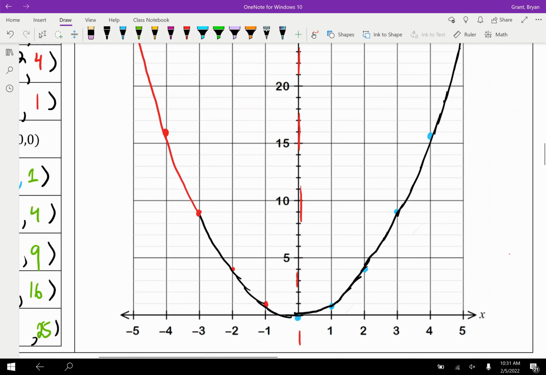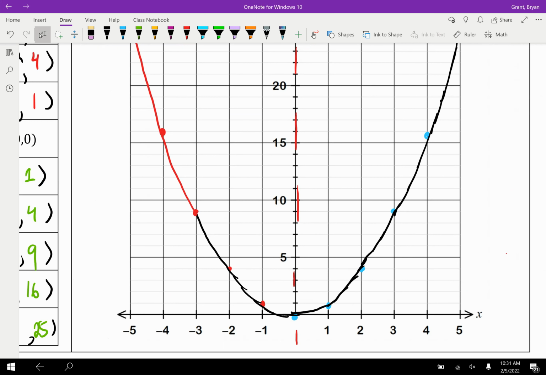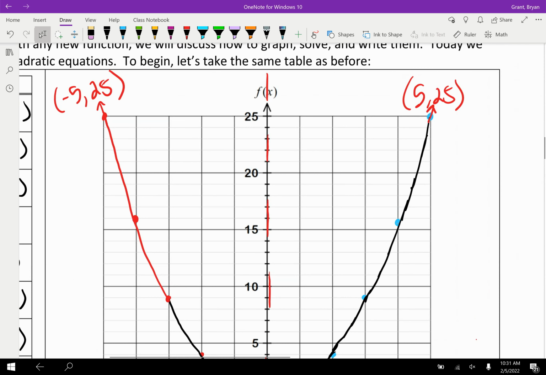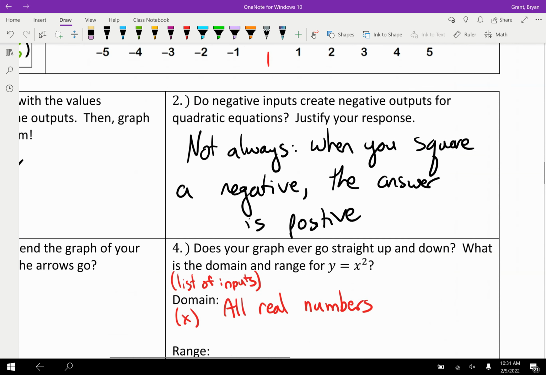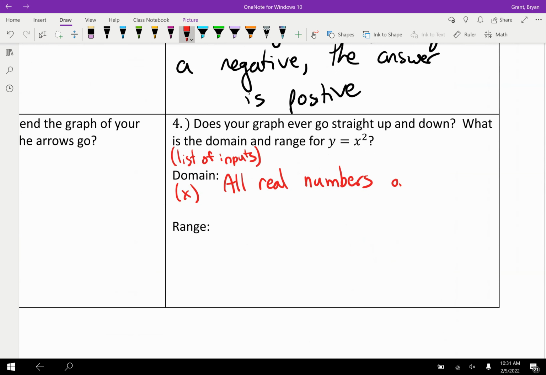And so the domain is actually going to measure how wide the graph gets on the x-axis. And because this graph goes wider and wider and wider in both directions, it gets infinitely wide. So sometimes you'll even see this written as -infinity to infinity. It shows that all of our x's stretch from -infinity to +infinity.